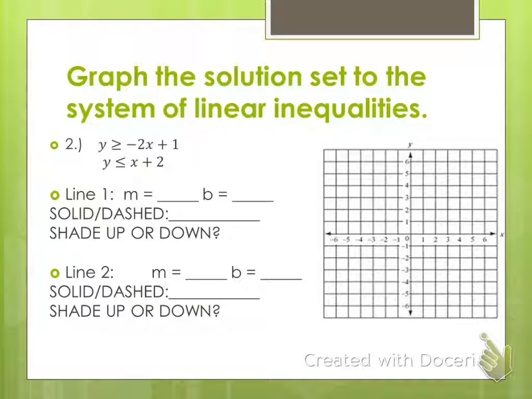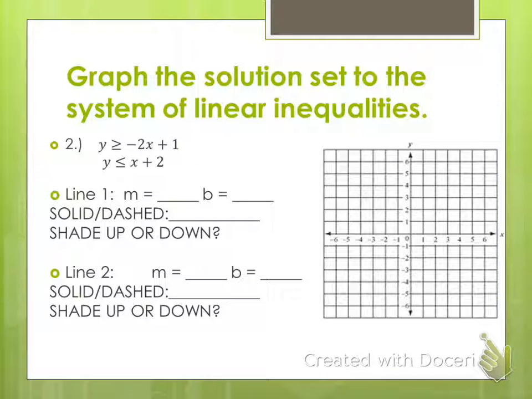All right, these lines are not special horizontal vertical lines. These ones are going to be at a slope like we're used to. Notice that y is already by itself, which makes it nice for us. Okay, that's already in slope-intercept form. So let's get to graphing. Can somebody new tell me my M and B for that top line?